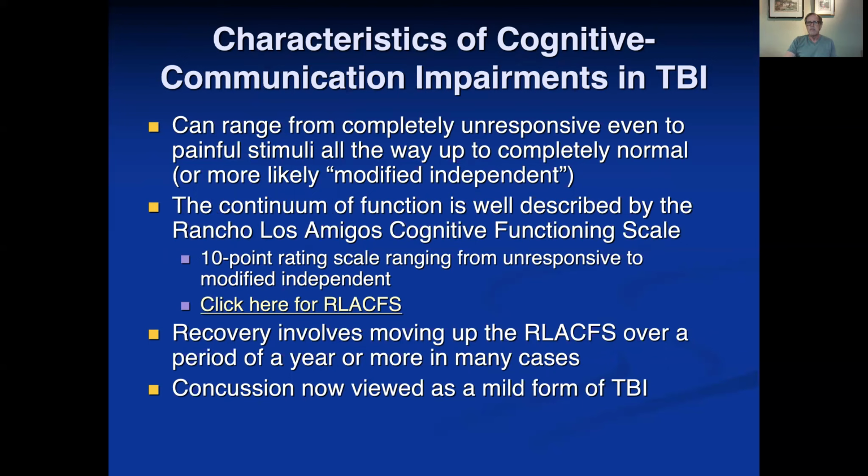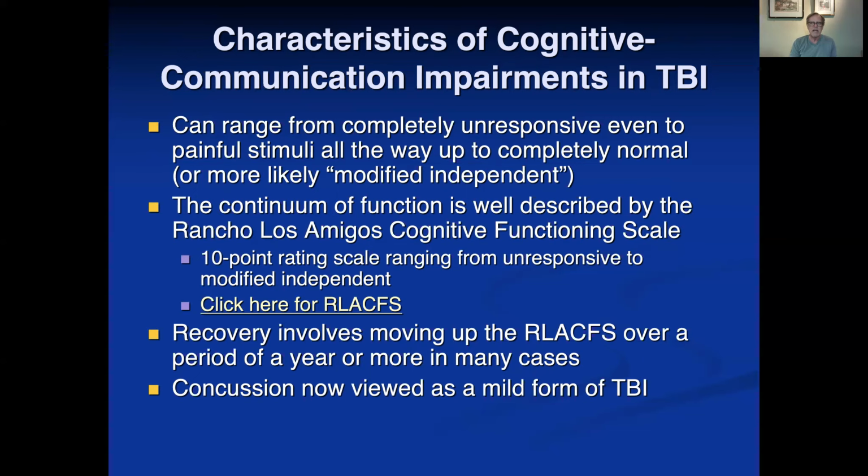Characteristics of the cognitive communication impairments in TBI: they can range from completely comatose and unresponsive even to painful stimuli, all the way up to completely normal or almost normal. Certainly somebody can appear normal in a conversation, and more likely they have what is referred to as modified independence.